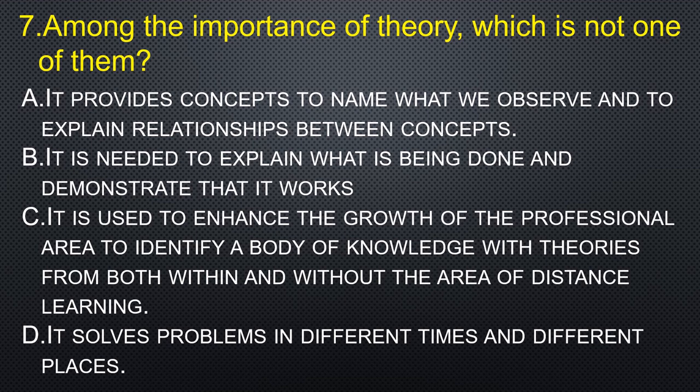So it is needed to explain what is being done and demonstrate that it works. So theory is important so you have a stepping board in explaining what should be done and how it happens.